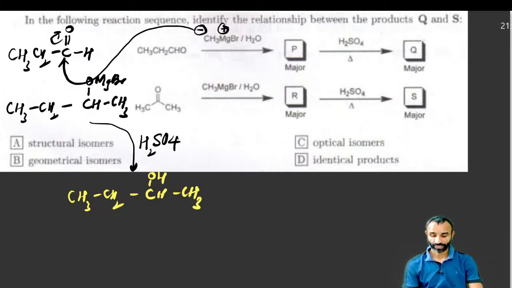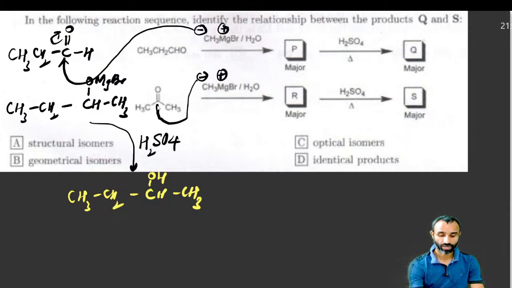Now in the second case, again there is CH3 negative, MgBr positive. This negative part will attack here.